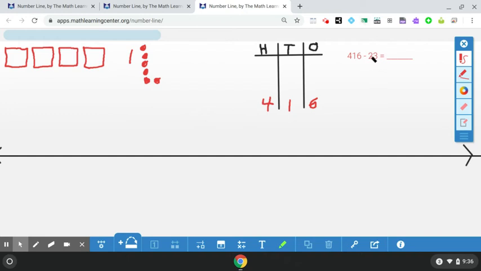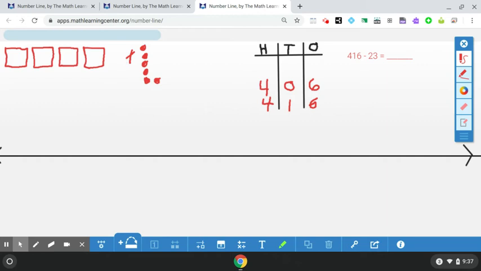Well, I know if I go 10 less right here, 10 less than 416 is what? 406, because we don't have any tens anymore, do we? But I need to take away two tens, and I don't have another 10.